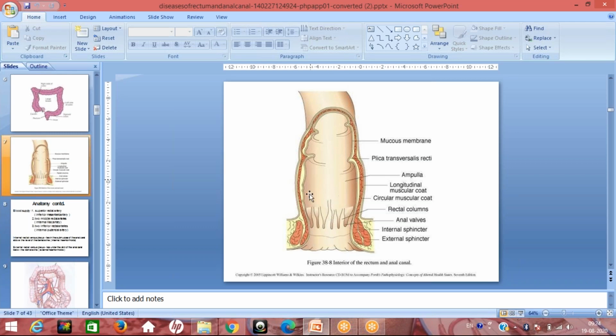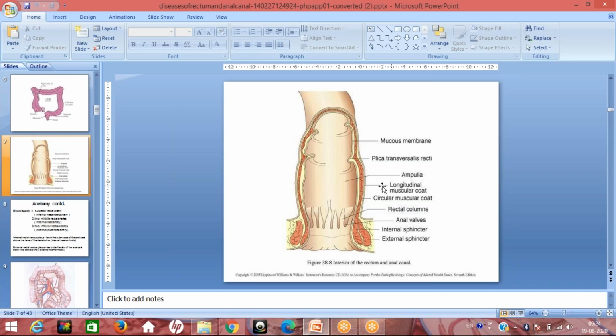Depending upon that, we can either salvage the sphincters and perform a low anterior resection or an ultra low anterior resection. If the sphincters are involved and cannot be salvaged, the most commonly performed surgery is abdominoperineal resection, which leaves the patient with a permanent colostomy.